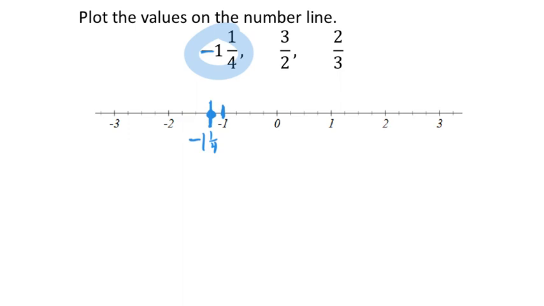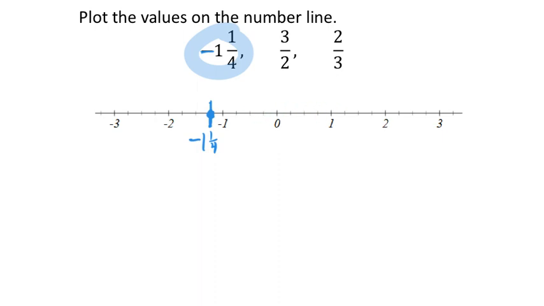Okay, so that's negative 1 and 1/4, which is very nice, to have mixed numbers when we mark these on number lines. So seeing something like 3 halves is still okay. The problem here is that my halves are in 4ths right here. That can be kind of problematic.